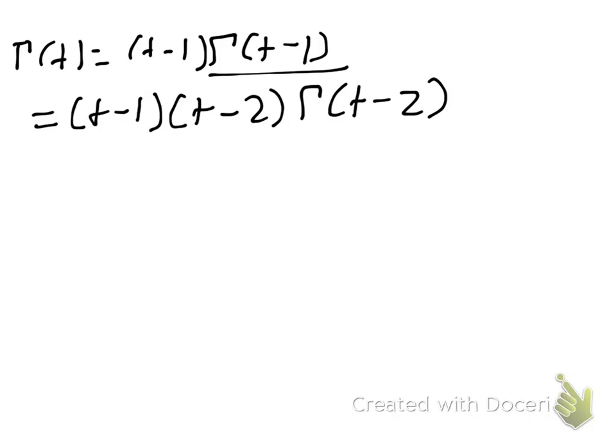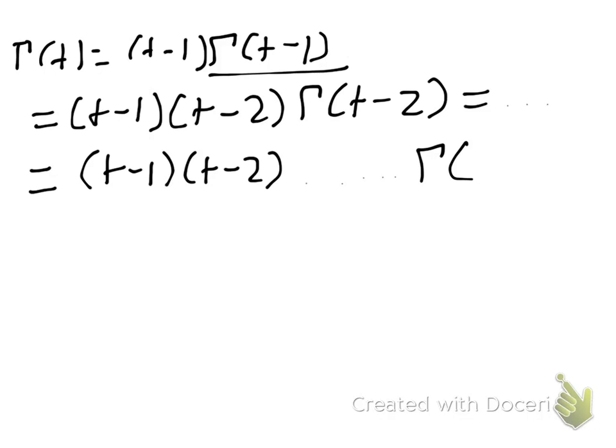So we can continue this on, and eventually we'll get down to (t-1)(t-2) all the way down to gamma of 1, which is going to give us 1.